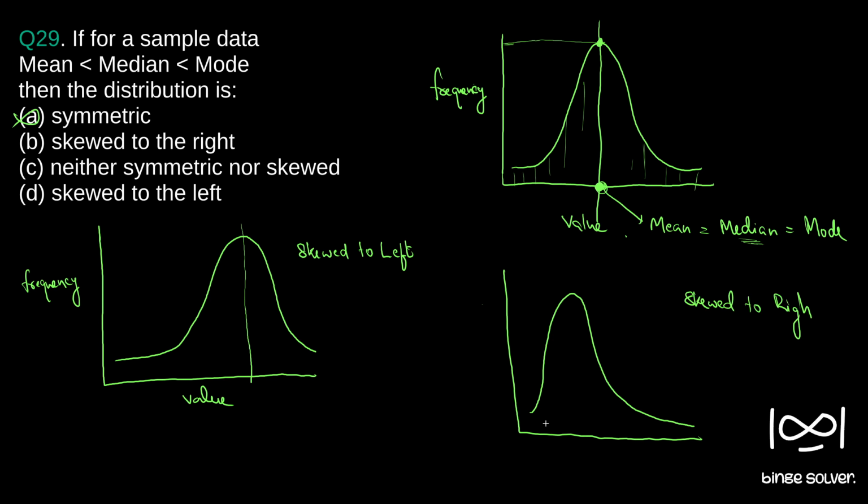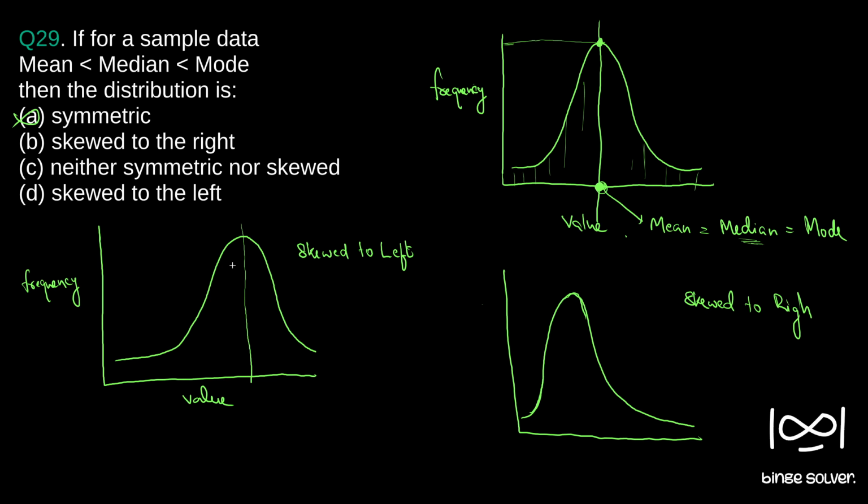So these are the two types of skewedness that we usually see: skewed to left and skewed to right. To see which side it is skewed, we see where the tail part lies. This is the tail part, and it is on its left side. So we say skewed to left, and this is skewed to right.